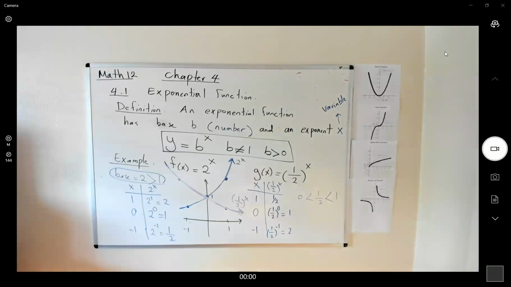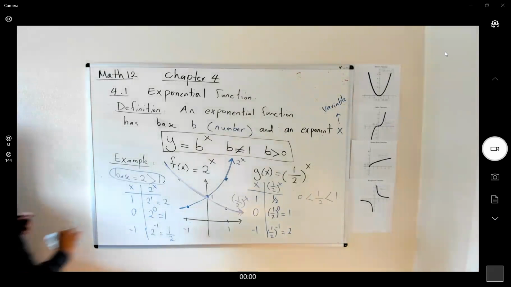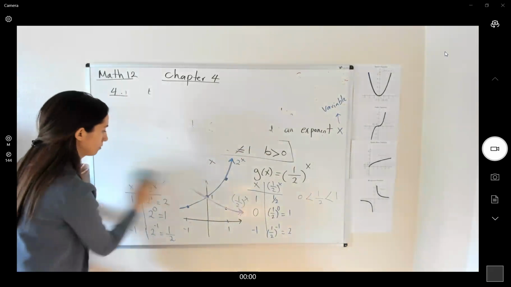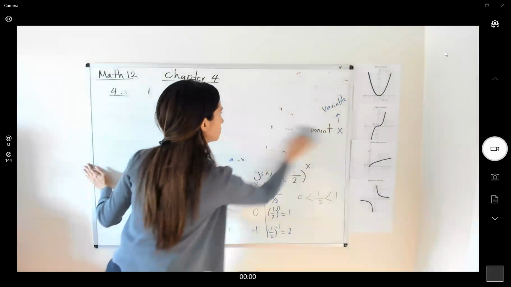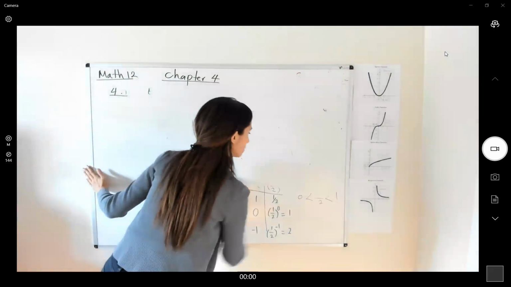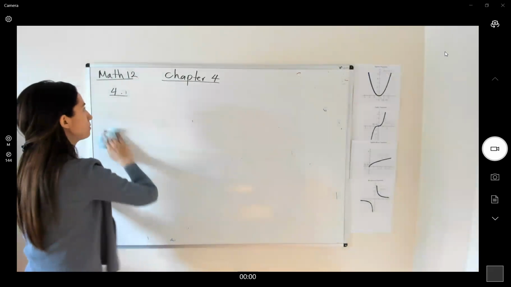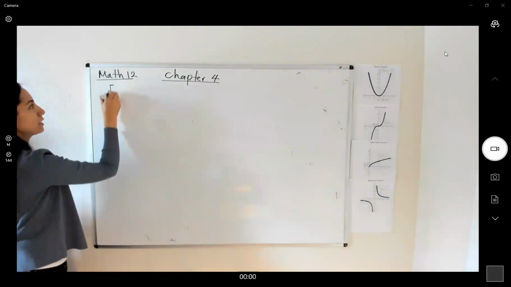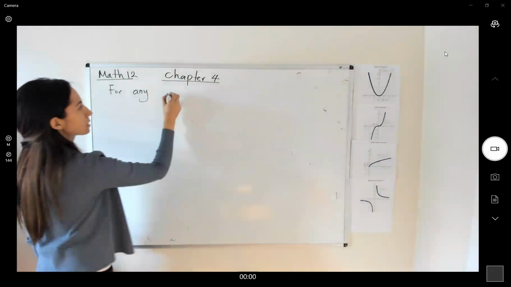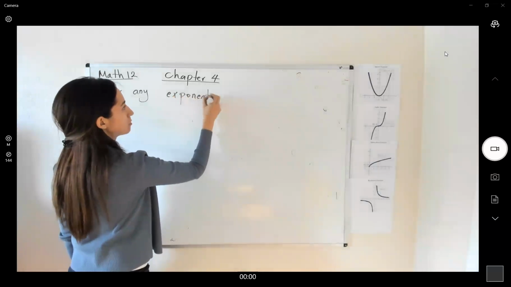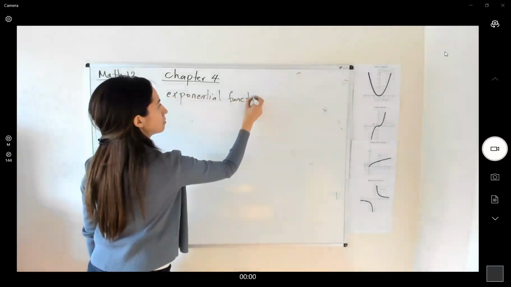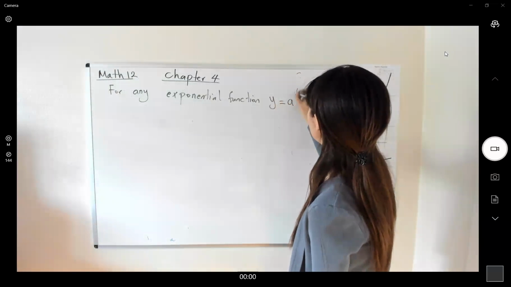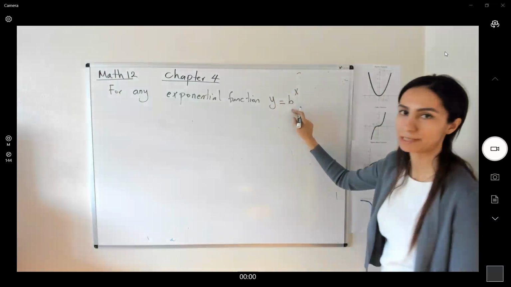Let us continue. So in general, for any exponential function like y equals a to the x or b to the x, you can change the base, it doesn't matter.